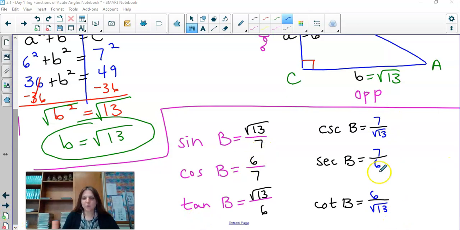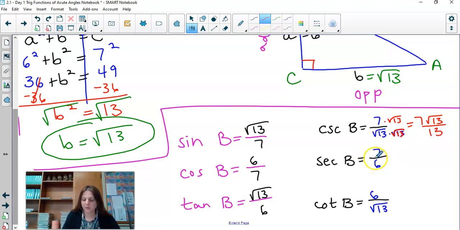So here's what I have so far. I literally just took the reciprocal of each. Now what I need to do is rationalize any radicals that are left in the denominator. So I'm going to multiply by the square root of 13 and times the square root of 13. This middle answer is just fine.